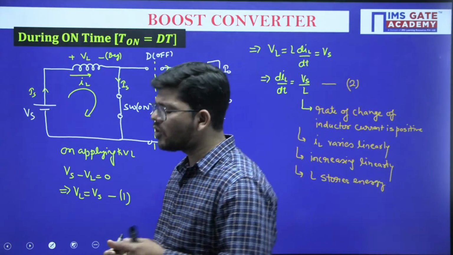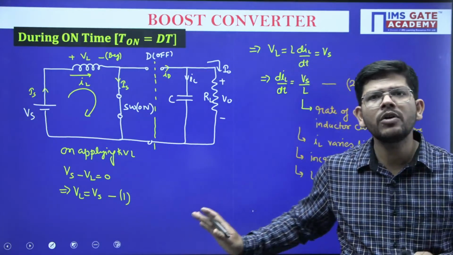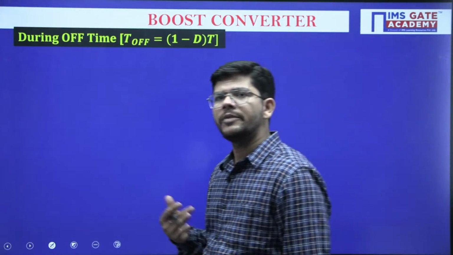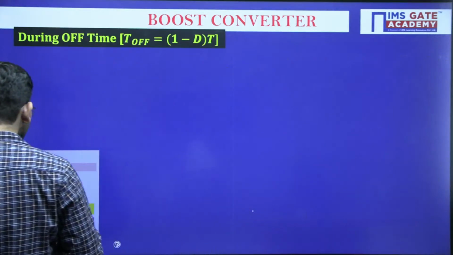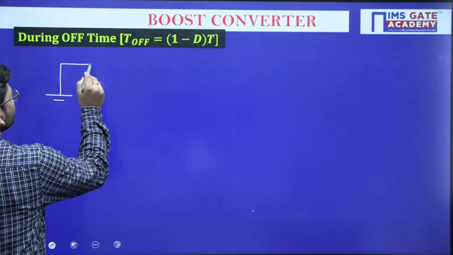Now what will happen when the switch is turned off? So this is what is happening during the on time. Now what will happen during the off period? Just see here. When the switch is off, let me turn off the switch. So this is my inductor.